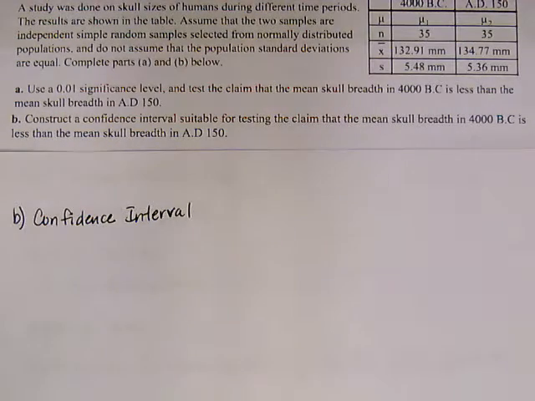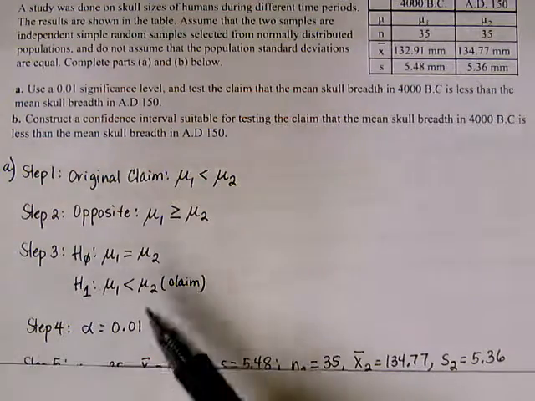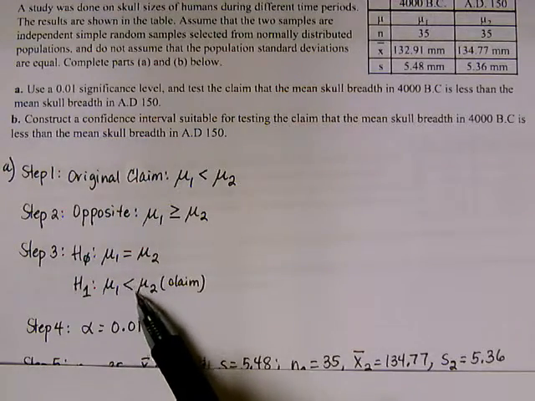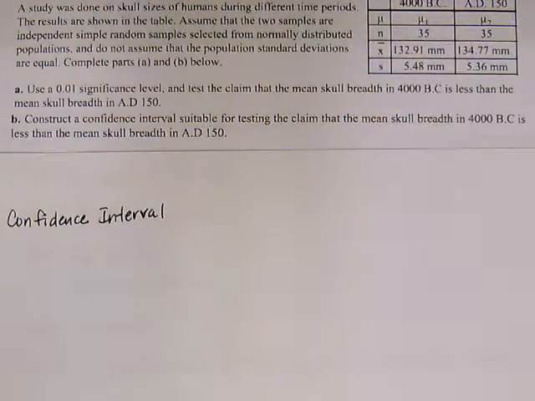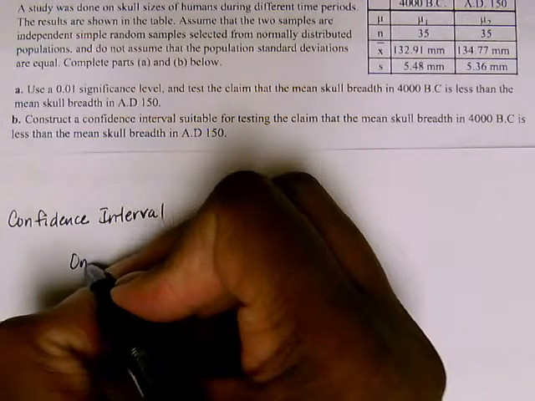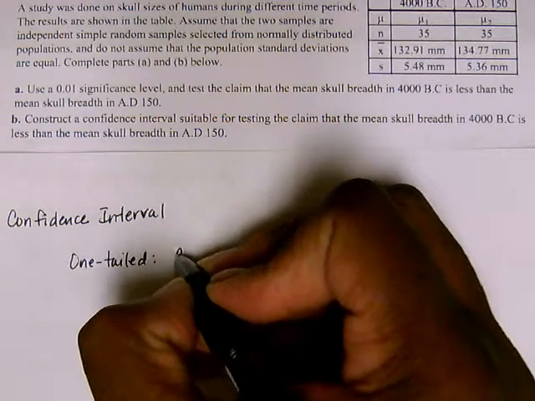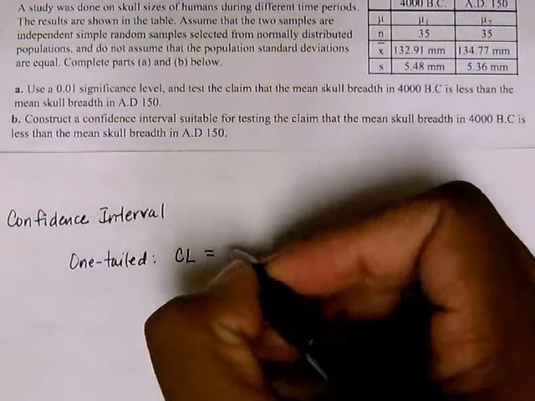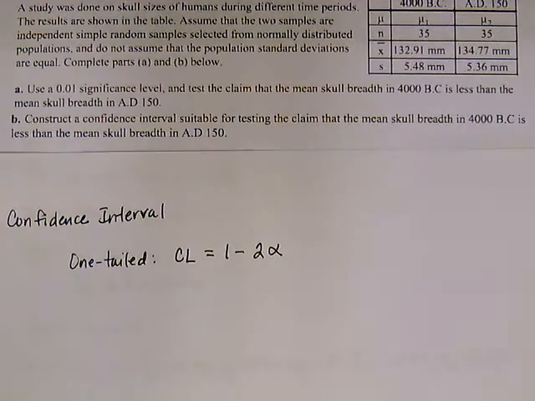Alright, but we do need to find out what the correct confidence level is going to be. Okay, the alternative hypothesis says less than. So that tells me I have a left tail test. Simply put, it's a one tail test. So that means that my confidence level, abbreviated CL, will be 1 minus 2 times the level of significance.